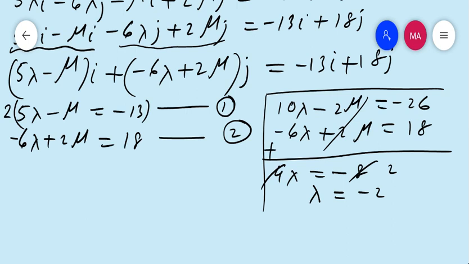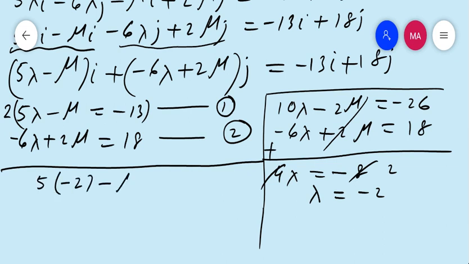Put this value of lambda in any one of the equations. I am putting it in equation number 1, which is 5 lambda, lambda is minus 2, minus mu is equal to minus 13. 5 into minus 2 is minus 10, minus mu is equal to minus 13.